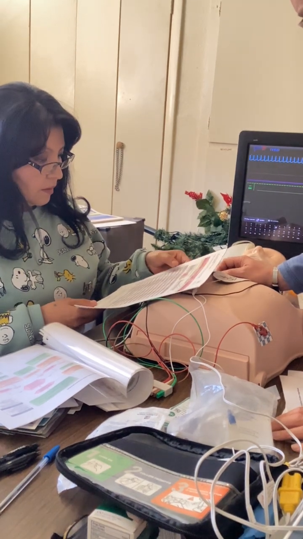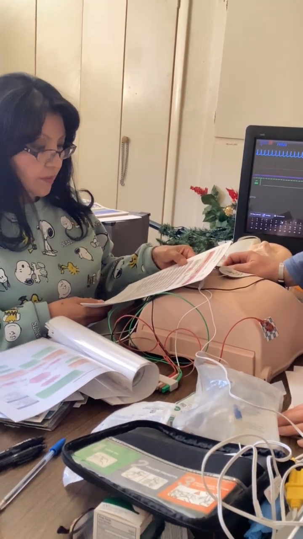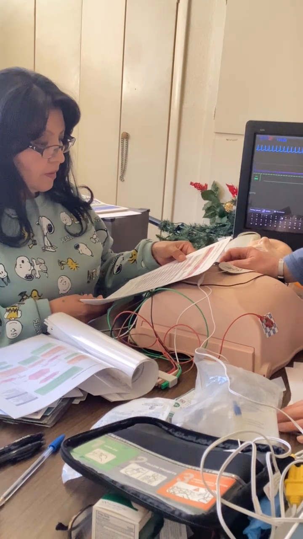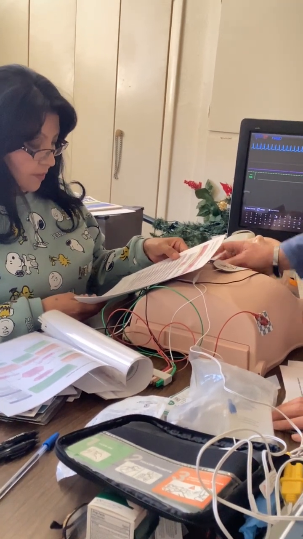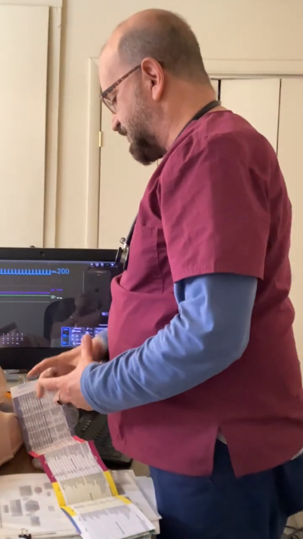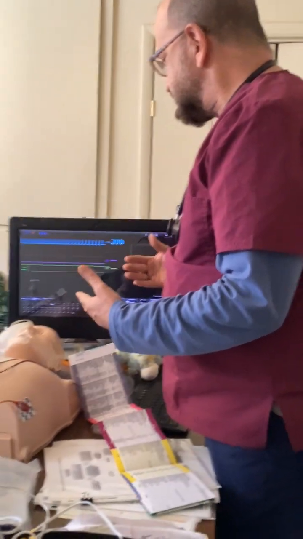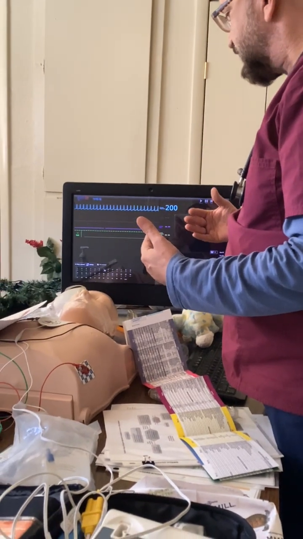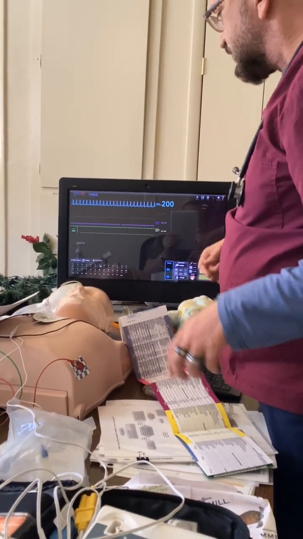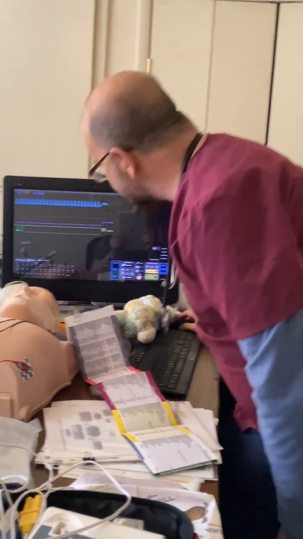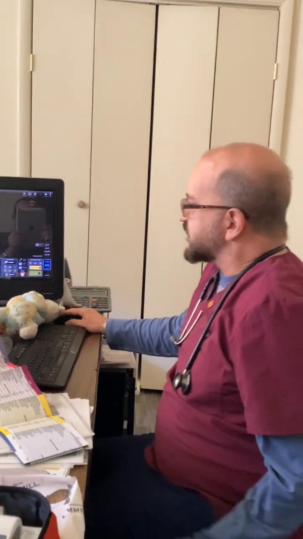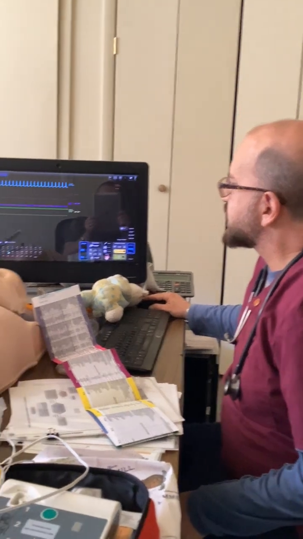So that would be 1 milligram. But how many mLs? 0.3 mL. Correct. So I want to give it fast and flush it. Typically, it's not a therapeutic med, it's more diagnostic, but in kids it can work quite well too. But let's just say you gave the adenosine and you see this.